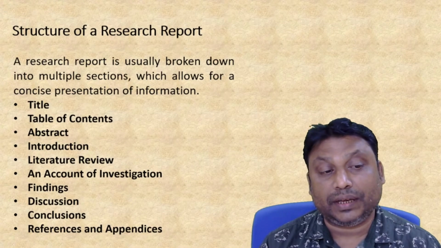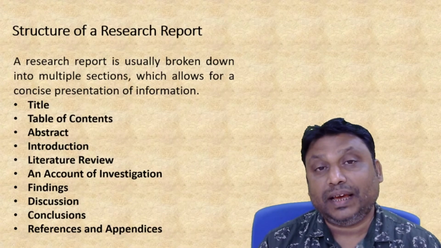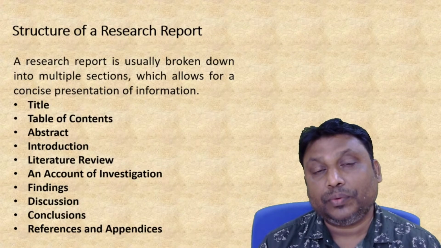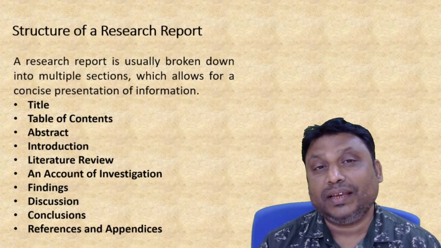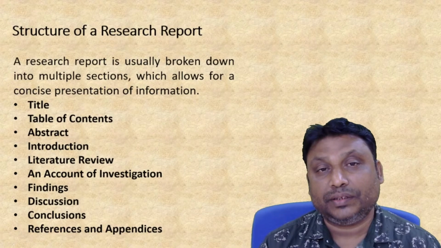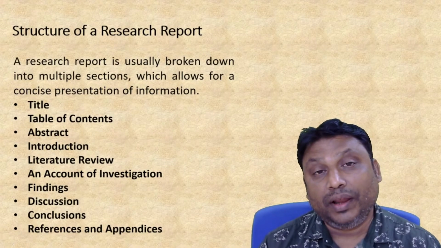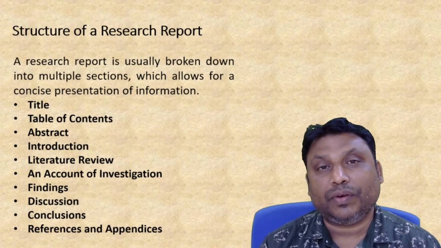According to the literature review, first you have to find out where the gap is. That's why we are going for the research work. So you have to find out the gap. Unless you do a literature review, you cannot find the gap.